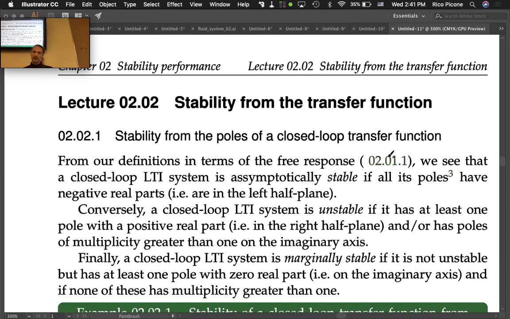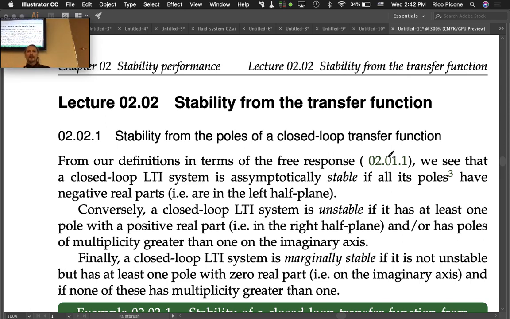Conversely, a closed loop LTI system is unstable if it has at least one pole with a positive real part, in other words in the right half plane, and/or has poles of multiplicity greater than 1 on the imaginary axis, which is sort of an edge case, but we have to keep that in mind. Remember, any pole that has a positive real part is going to contribute to an exponential growth instead of decrease in the free response.